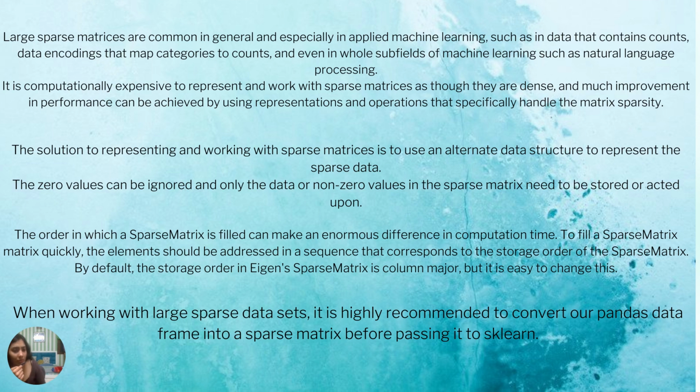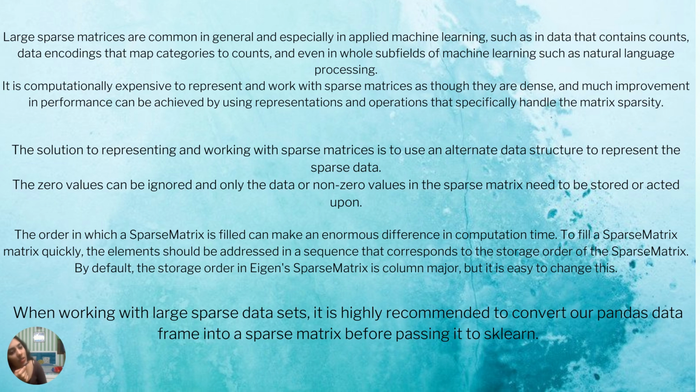The order in which a sparse matrix is filled can make an enormous difference in computation time. To fill a sparse matrix quickly, the elements should be addressed in a sequence that corresponds to the storage order of the sparse matrix.